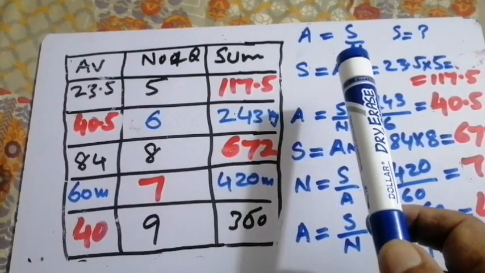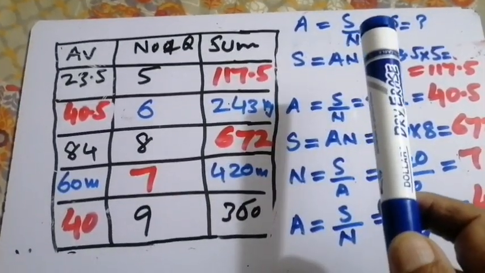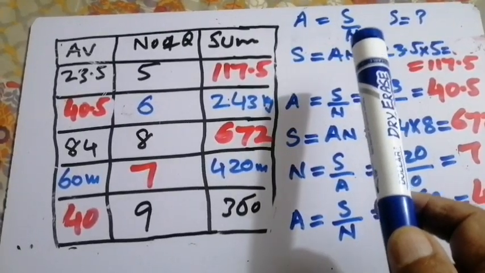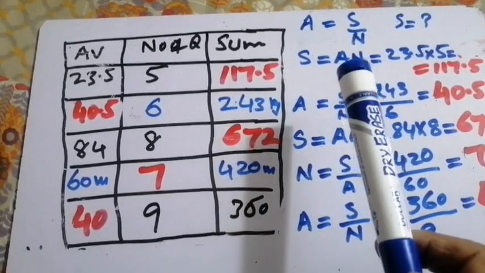If it is multiplying, we divide, and if it is being added, we subtract. So we multiply N on both sides. Here the N will cancel, and we will get only the S. S is equal to A into N.